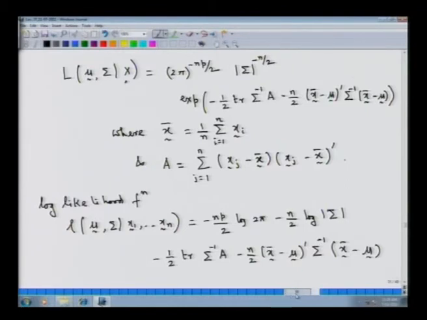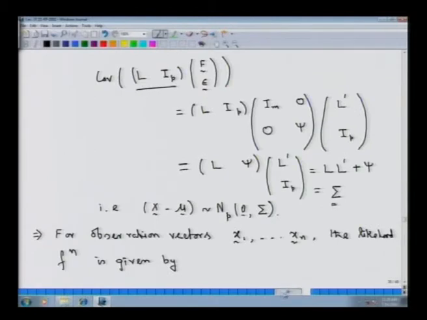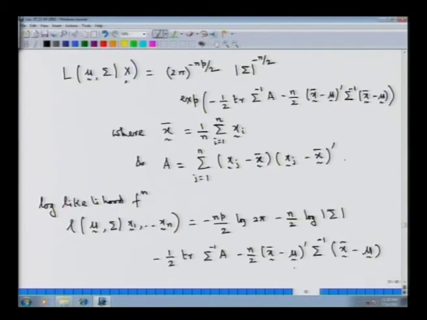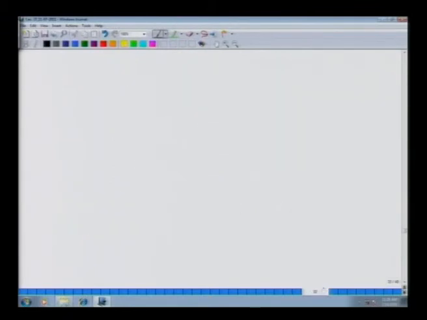Now, from this expression, the basic objective is to get the maximum likelihood estimators of L and psi. That is what we are aiming at. So, in order to get the maximum likelihood estimators of L and psi, we will write this log likelihood function in terms of those. Note that although we have written the log likelihood function of mu and sigma, it is in this particular sigma that we have L and psi, and hence this can be written as a log likelihood function in terms of L and psi given x1, x2, xn.